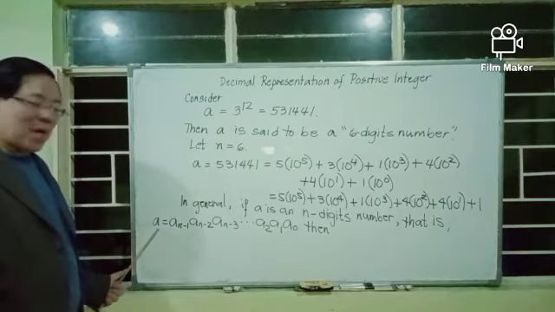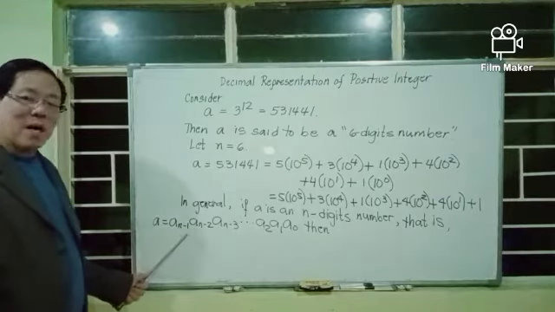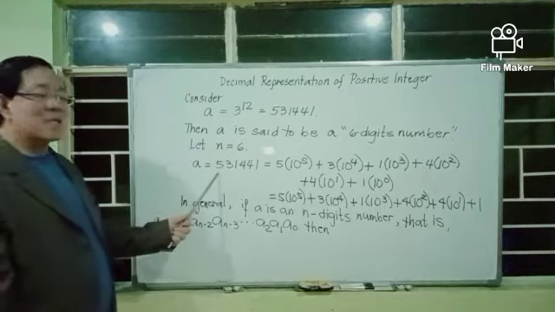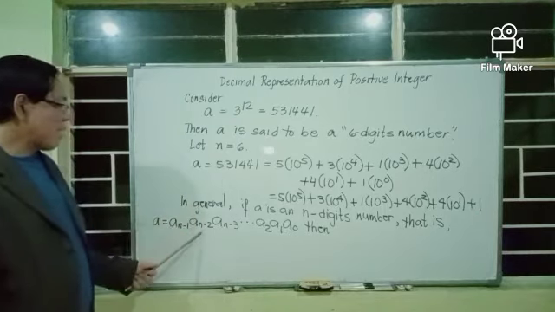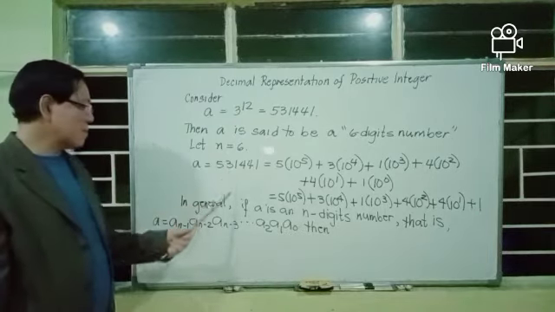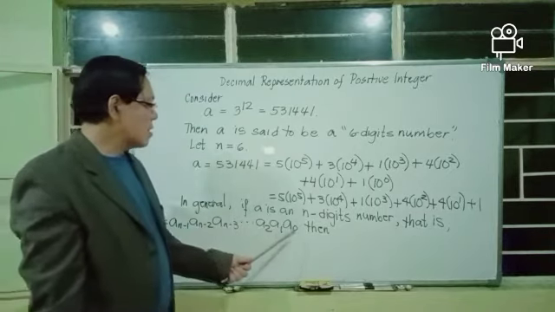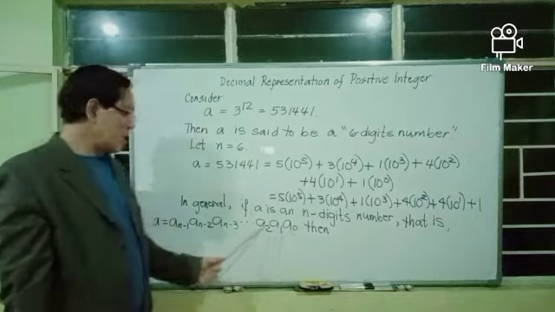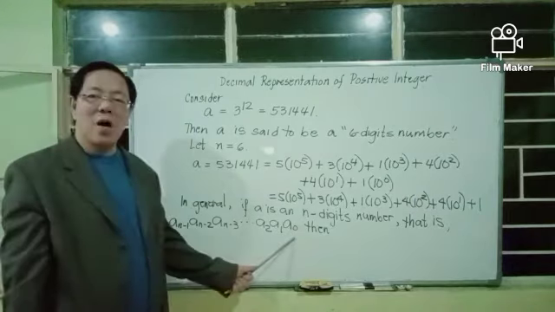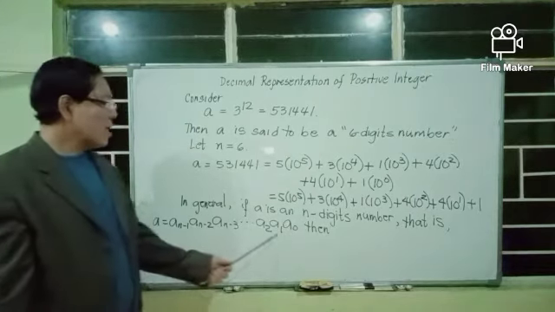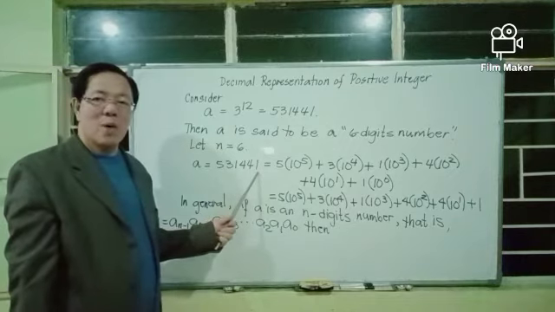The digits of a are a sub n minus 1, in our example that is 5. A sub n minus 2 in our example is 3. A sub n minus 3, that is 1. And the last digit in this decimal representation of the positive integer, a sub 0, is 1.